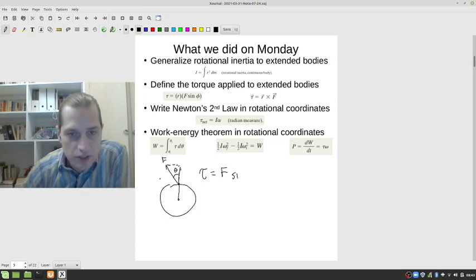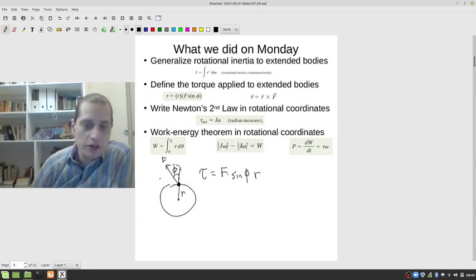So you use the sine of, traditionally they use a different angle because theta we already used for the angular displacement of the disk. So F sine theta, times the R at which the force is applied. Okay, so that's the torque.